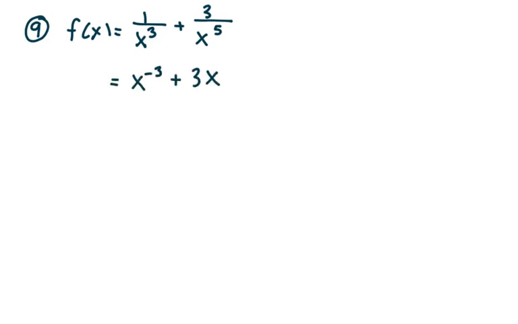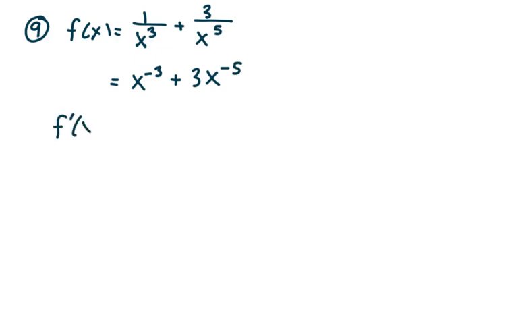On number 9, we have f of x is 1 divided by x cubed plus 3 over x raised to the 5th. But that's x to the negative 3 plus 3x to the negative 5.